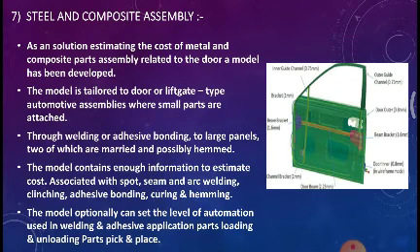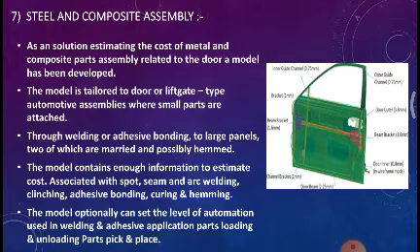Step 7. Steel and composite assembly. As a solution for estimating the cost of metal and composite parts assembly related to the door, a model has been developed. The model is tailored to door or liftgate type automatic assemblies where small parts are attached through welding or adhesive bonding to large panels, two of which are married and possibly hemmed.